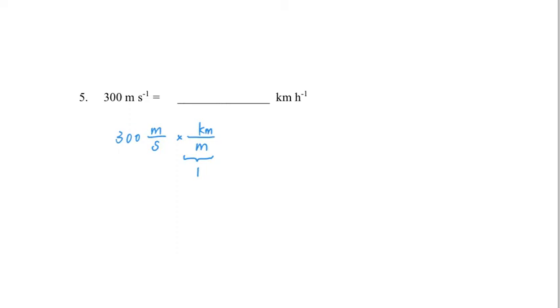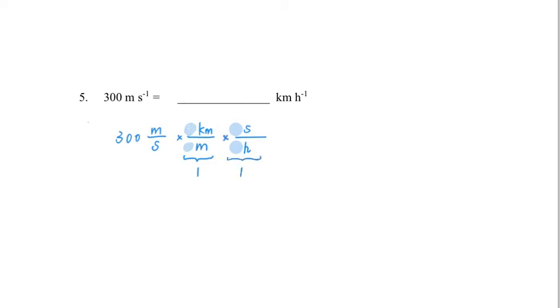We have to think what number needs to be put in this part and in this part. And also don't forget the unit of time. We don't want s, and we would like to convert it into hour, and therefore we need to consider the value that should be put in this part, to make it equal to 1.